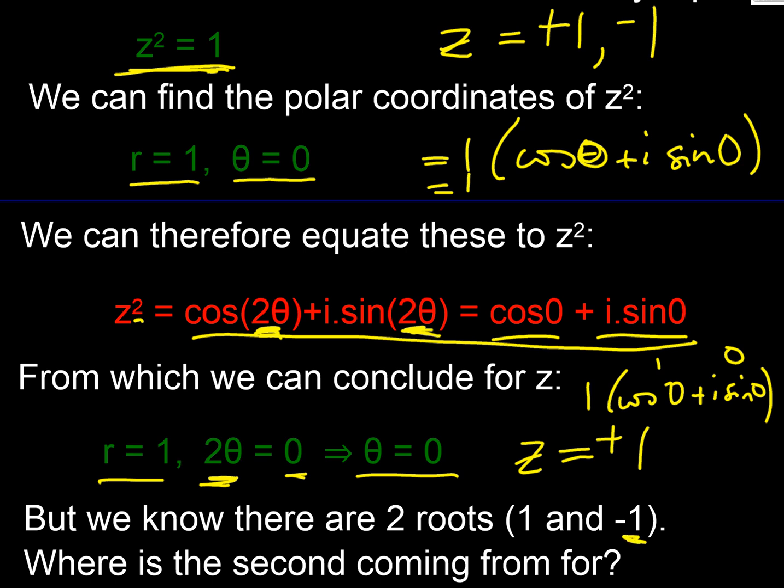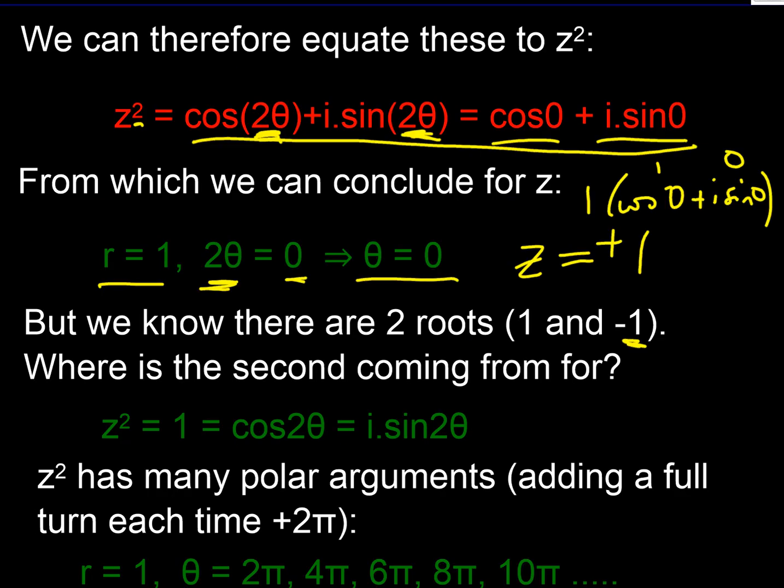But we know there's a second solution. So how are we going to get that second solution? Well, we assumed up there that theta equaled 0, didn't we? But there is potentially another solution here. If we started from our number here, there's our z equals 1, we could actually go round and add 2 pi to it and come back to the same place, couldn't we?